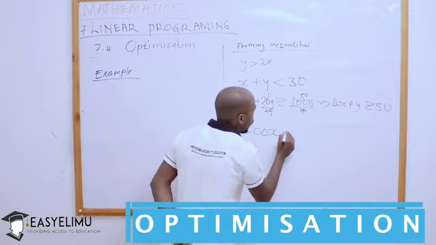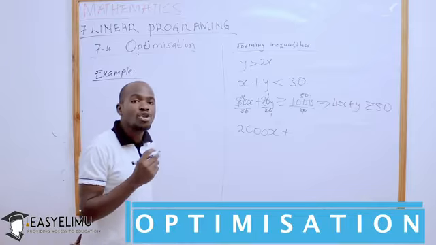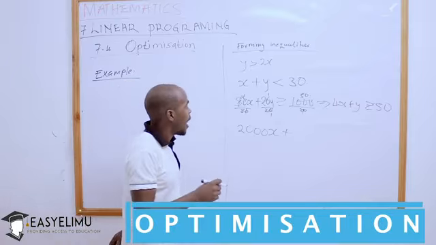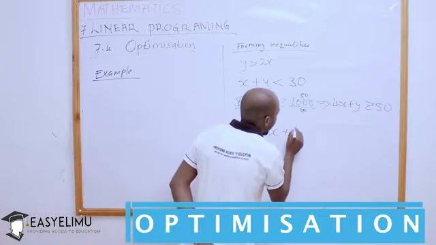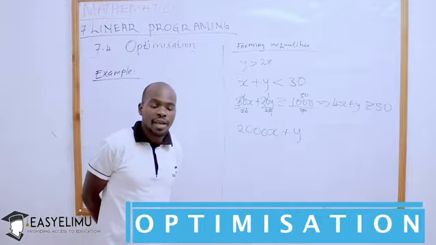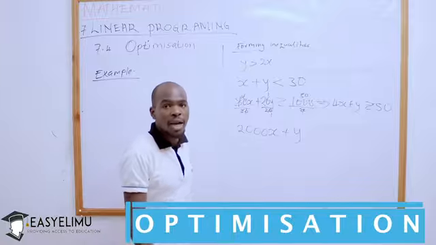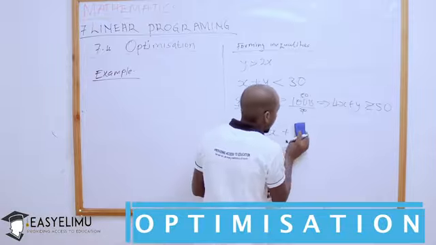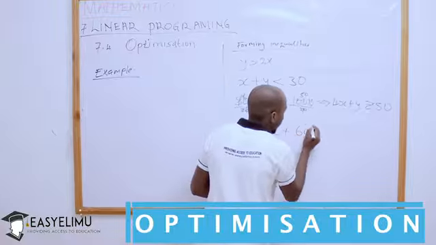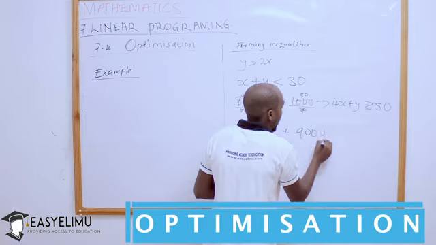That is the total amount the contractor will spend on the lorry for x trips. We add to that the pickup's cost to get the total expenditure. We take the y number of trips the pickup will make, multiplied by the cost per trip of the pickup, 900, so 900 times y.